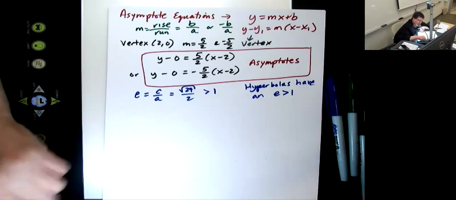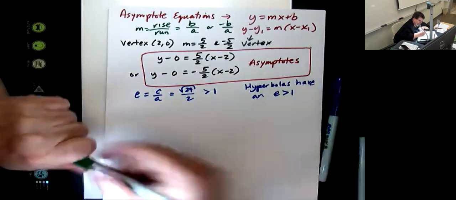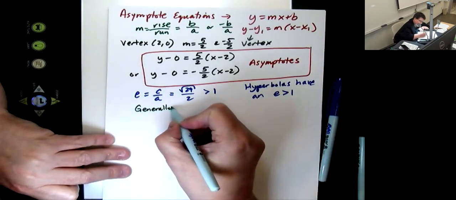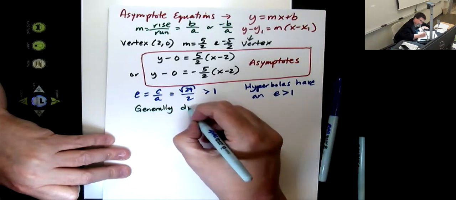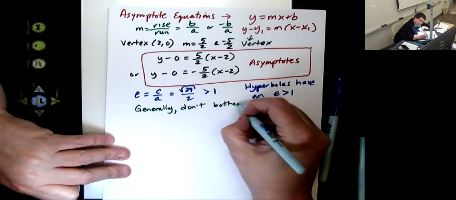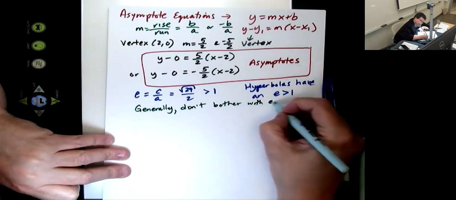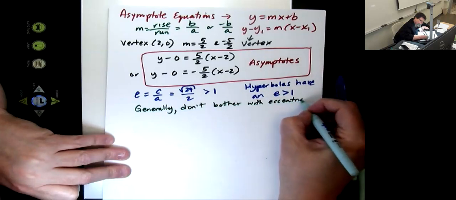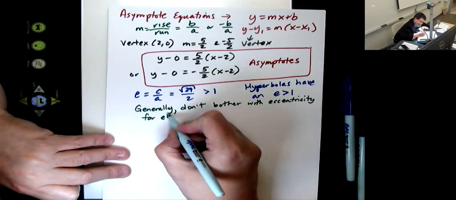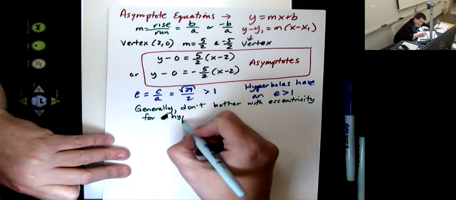And we generally don't talk about it. Generally don't discuss eccentricity for ellipses. Not ellipses, hyperbolas. I keep saying ellipses.